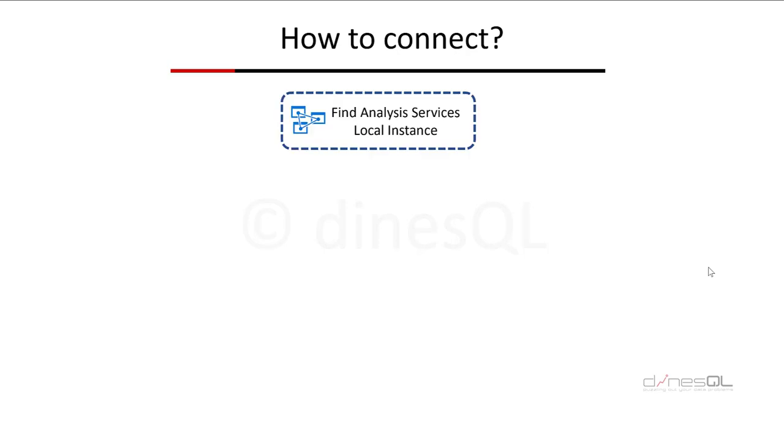So we need to find the analysis services instance that has been created for your Power BI desktop model. If you search for a file called msmdsrv.exe, that's the executable file Power BI uses for creating a local instance of analysis services. So when you create a Power BI file, it creates a new instance of analysis services using that file. So we need to find that instance.